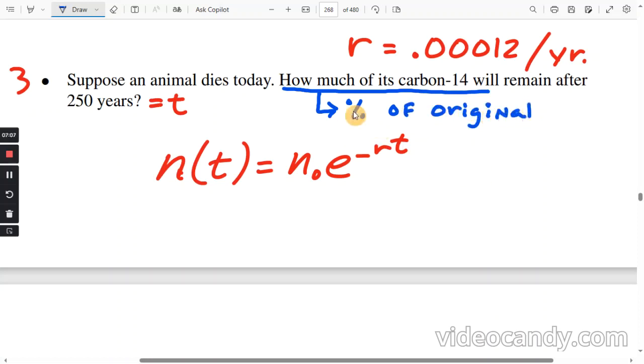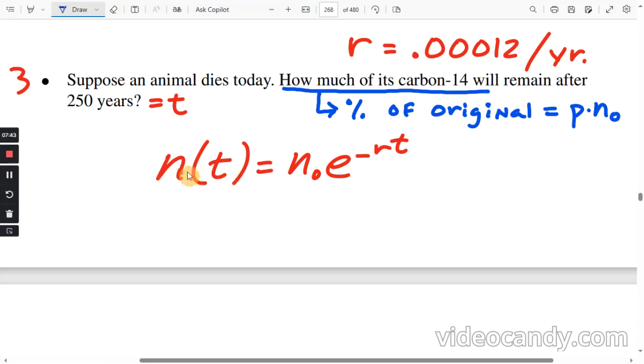All right, so I'm going to let the percentage of the original equal P. So just like in the other problems, when we multiplied the percentage times n sub 0, the percentage of the original is going to be P times n sub 0, right? Percent of original. I'll let the percent equal P. Of means multiply, and the original is n sub 0.